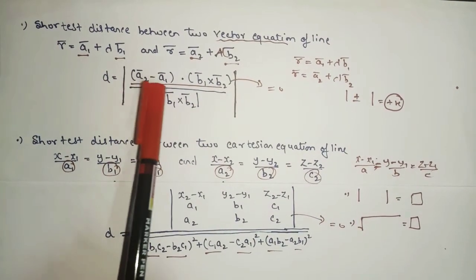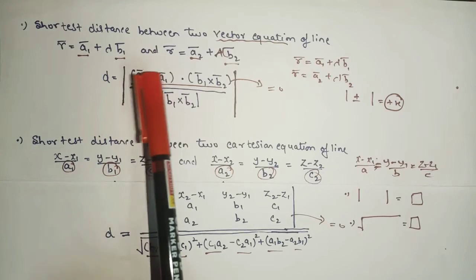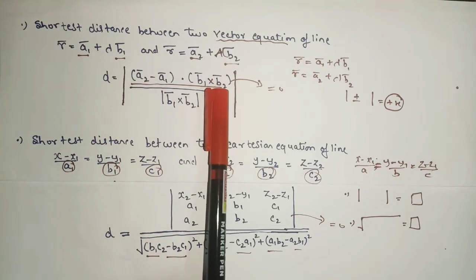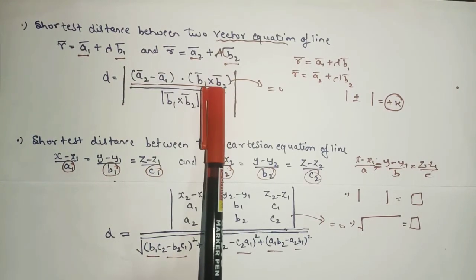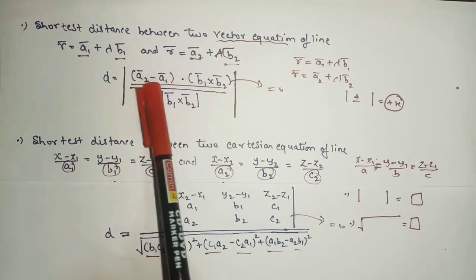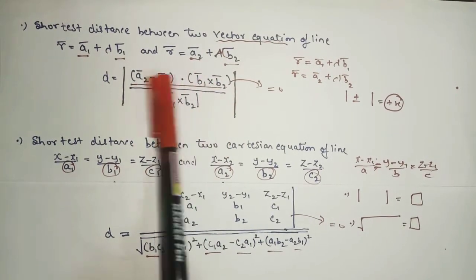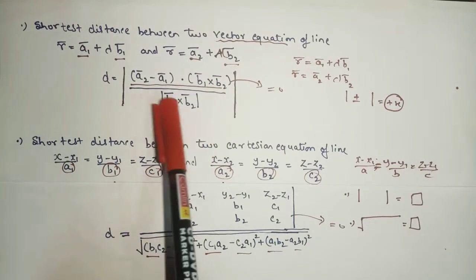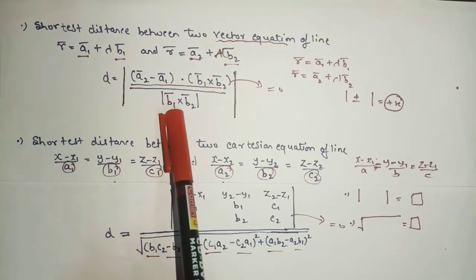Like here we had followed: first we found a2 minus a1, then we took b1 cross b2, then the third step was the dot product between these two, and the fourth step was the magnitude of b1 cross b2.